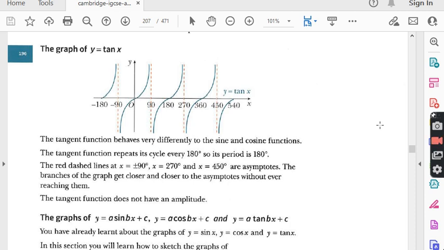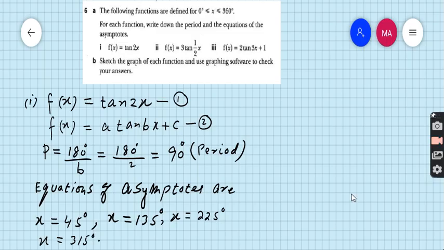Students, if you find the value of tan 90 degrees from your calculator, you will see on the screen of the calculator is Math Error.